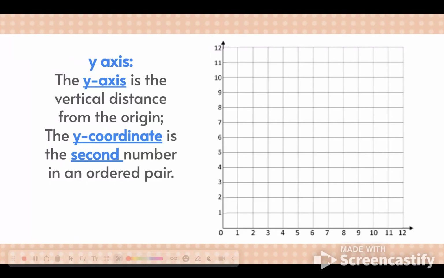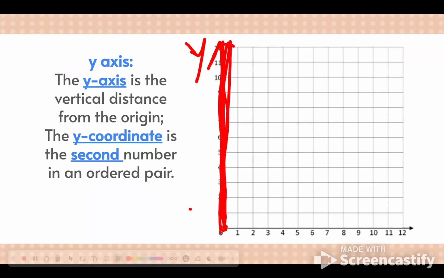Remember, this is the origin, at 0, 0, and the y-axis is the vertical distance. Remember, vertical is up and down. And the y coordinate is the second number in an ordered pair. You may hear me talk about ordered pairs right now, but we're going to explain what an ordered pair is pretty soon. So make sure you're paying attention.